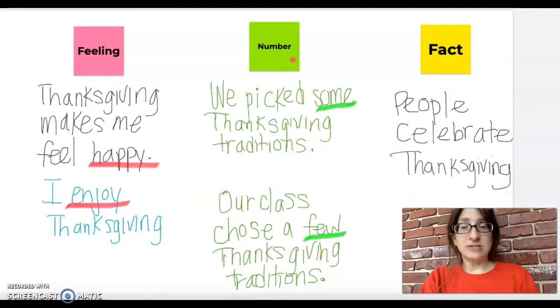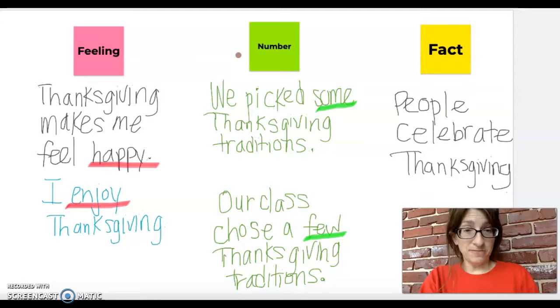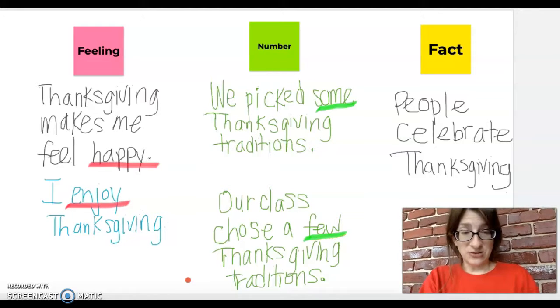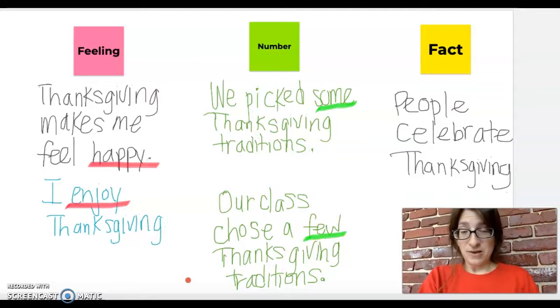However, if I start out with a topic sentence that gives you a number, I might say we picked some Thanksgiving traditions, or our class chose a few Thanksgiving traditions. Some, a few, many, those are numbers of something.